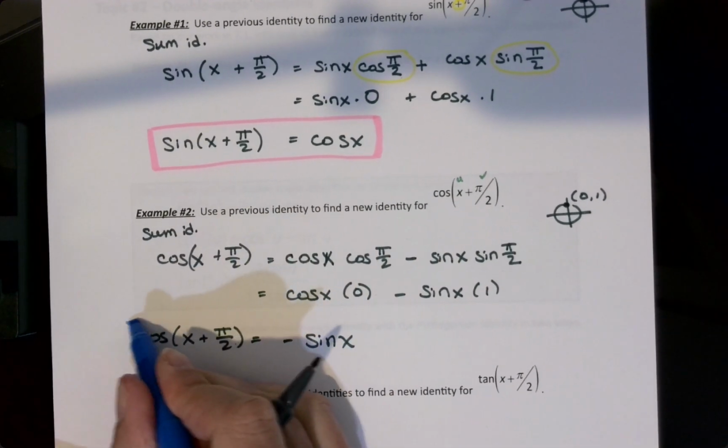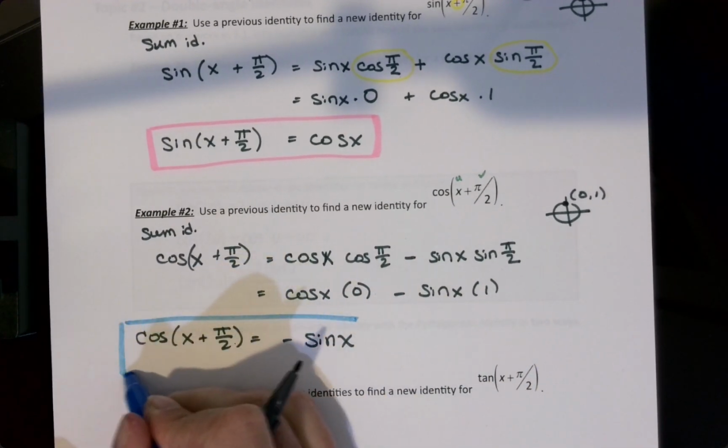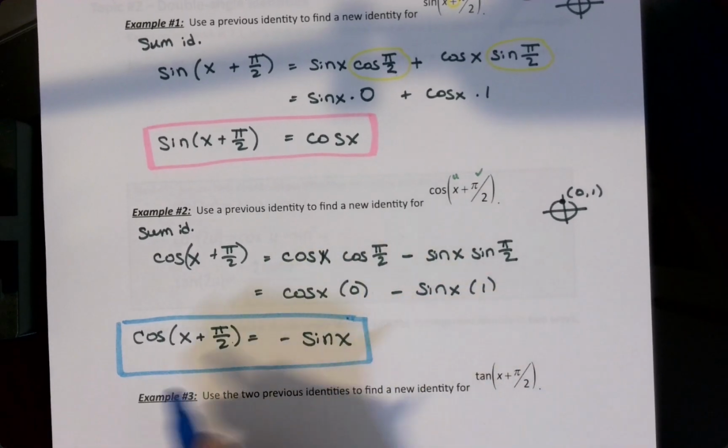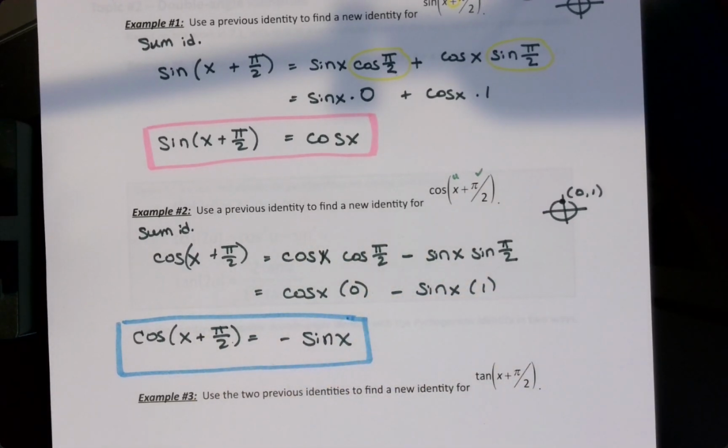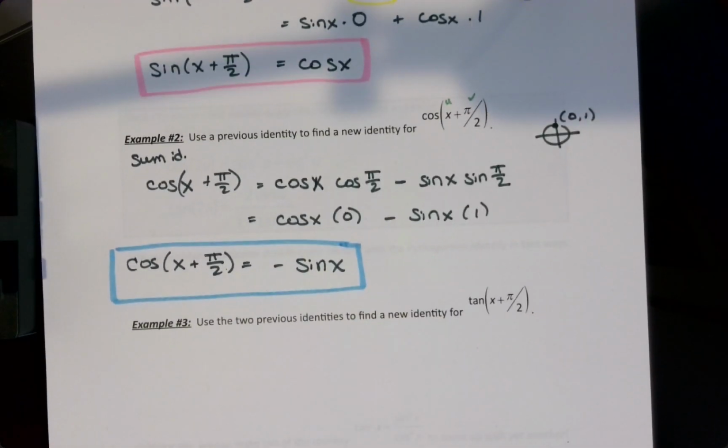So this is an instance where the sum identity for cosine of x plus pi halves is not exactly the same thing as the cofunction identity on the previous page. It's a new identity. And then use the two previous identities to find a new identity for tangent of x plus pi halves.